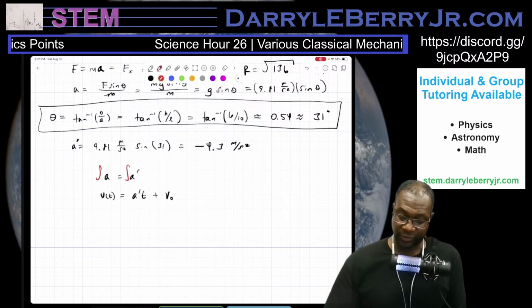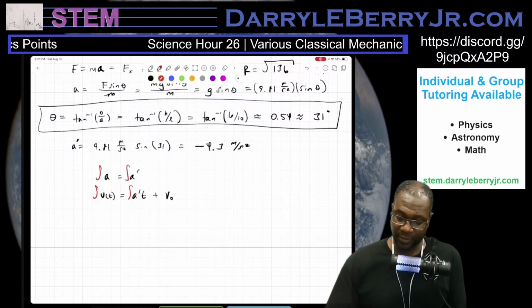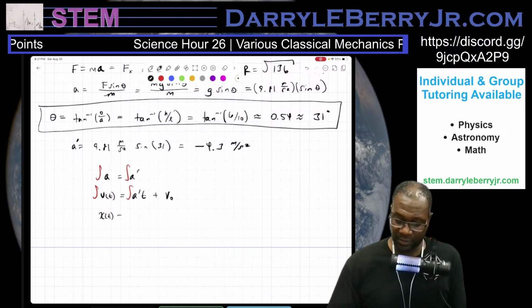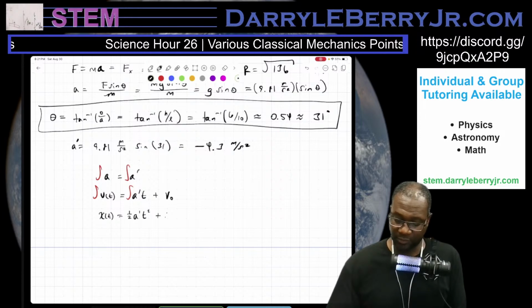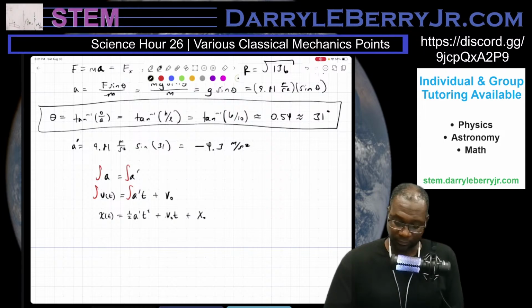And we'll also integrate this. It will give us x of t equals a prime t squared over 2 plus v naught t plus x naught.